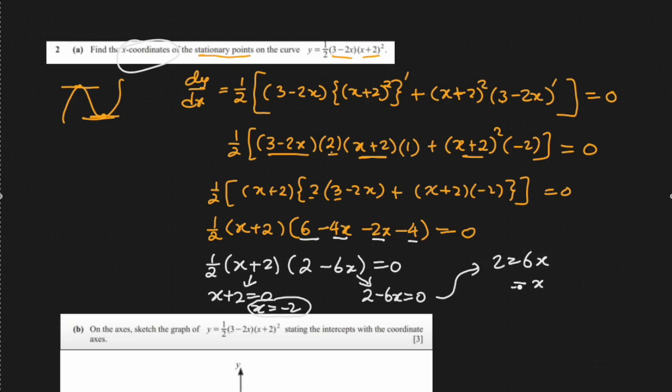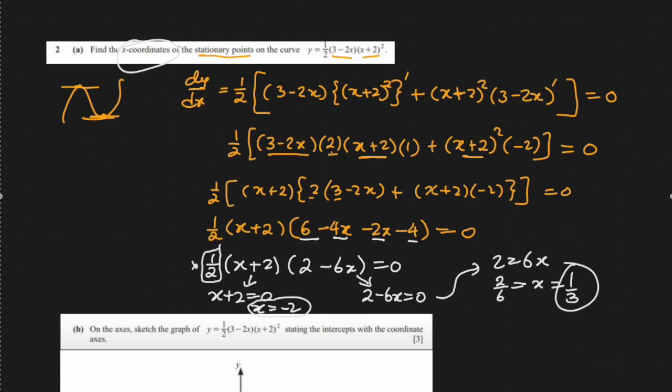So x equal to 2 over 6, which is 1 over 3. This is one x coordinate, this is another x coordinate, and I did not take half into account because half is not equal to 0. It cannot be, so I ignored that one. These two give us these two answers. These are the x coordinates of the stationary points.